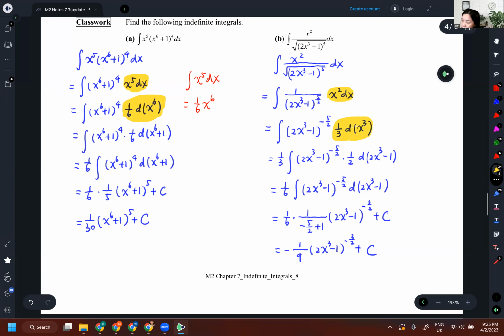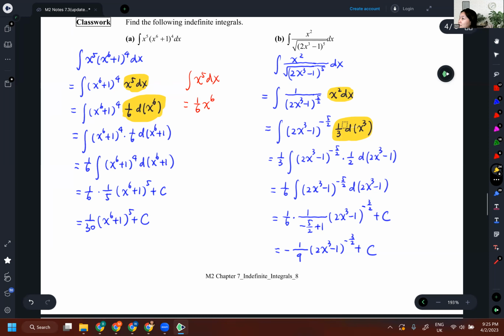It's just like the integral of x to the power 5 dx is 1 over 6 x to the power 6. Similarly, the integral of x to the power 2 dx is 1 over 3 x cubed. This is integration, because when I say you're doing differentiation backwards, that means integration, right?